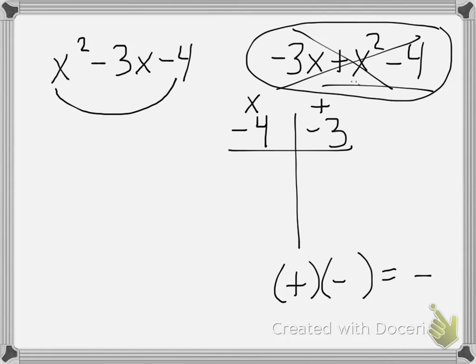And if it adds to a negative, I don't know how comfortable you feel with adding positives and negatives, but if you remember way back in middle school, if it adds to a negative, that means the bigger number is 3 bigger. So the difference between the numbers is 3, and the larger, not the larger number, but the larger absolute value of the number. So let me explain.